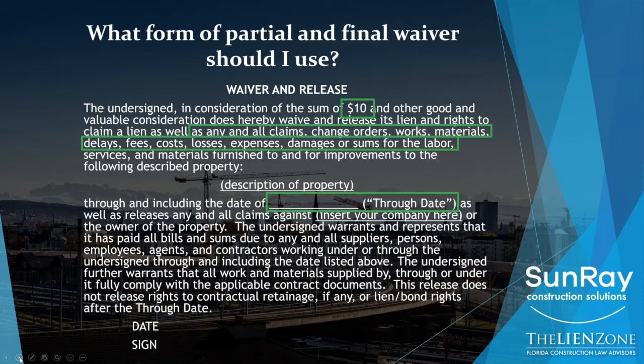So for example, if this release said in consideration of the sum of $50,000, but when you showed up, they only gave you a $30,000 check, you would have an argument later to say, well, this release is no good because it says for 50,000 and I only got 30,000.